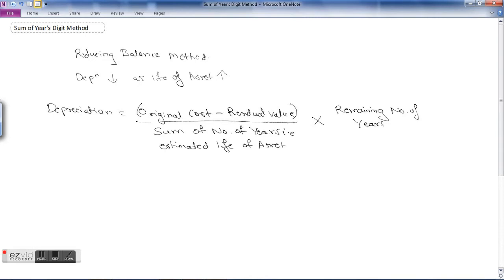Now in this remaining number of years, even the current year will be counted.